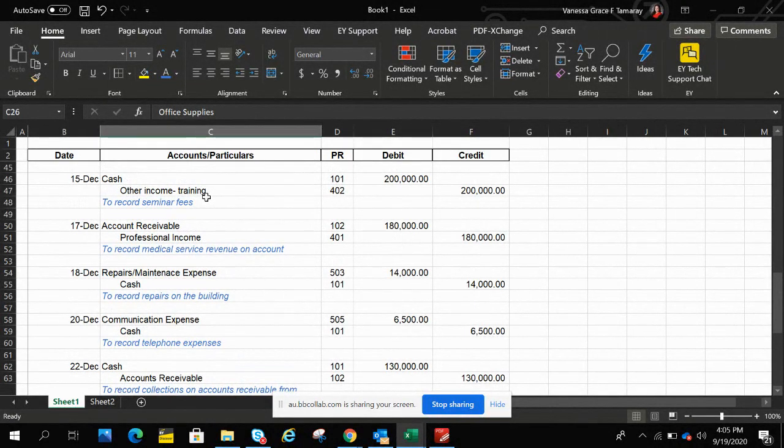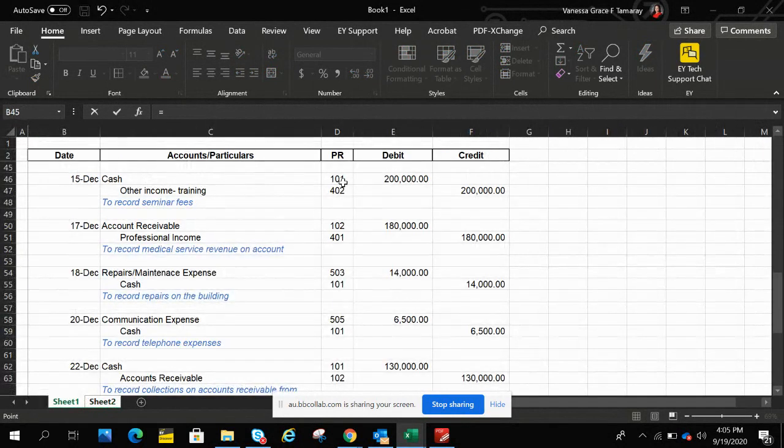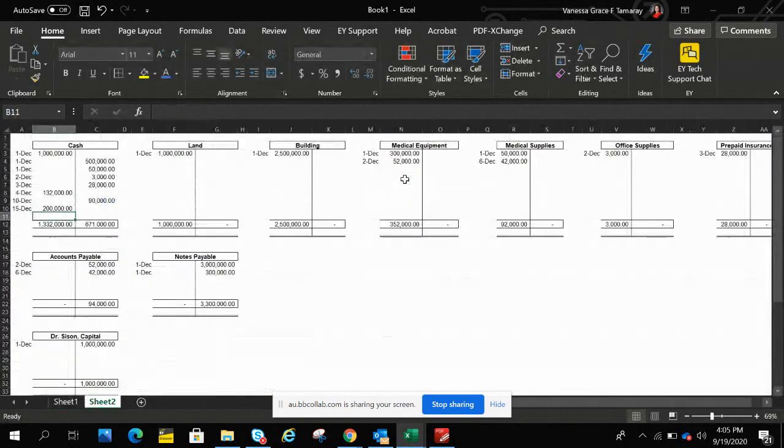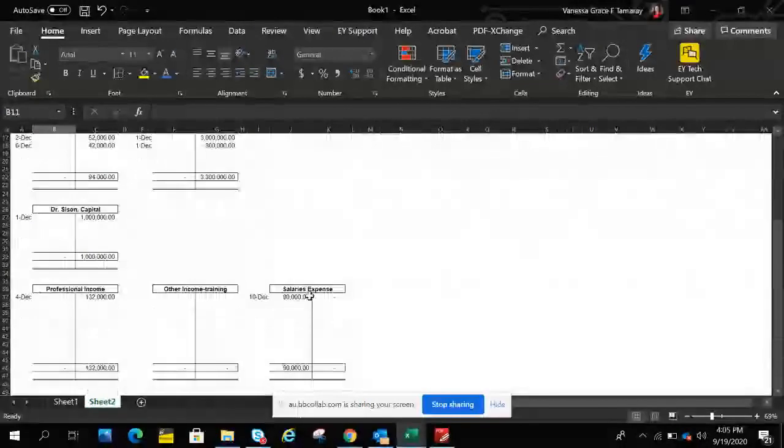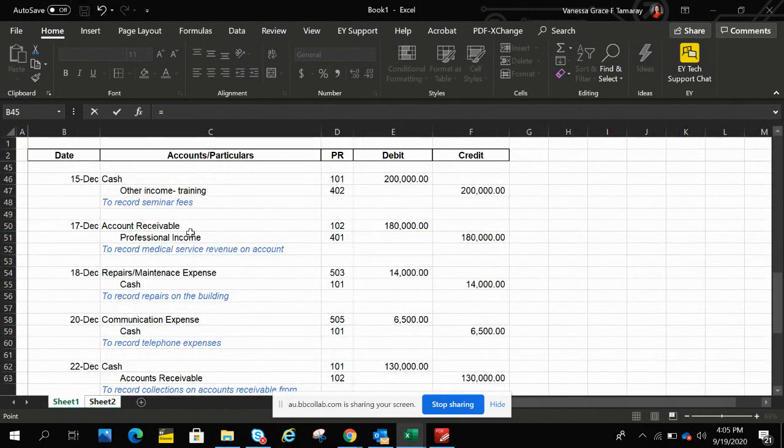So debit cash, this is December 15, 200,000 pesos, and then other income trading, December 15, 200,000 pesos.